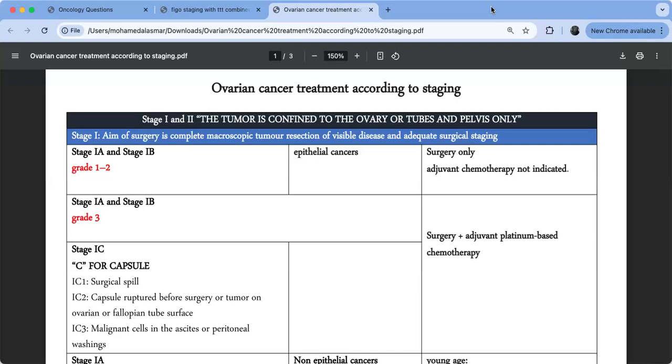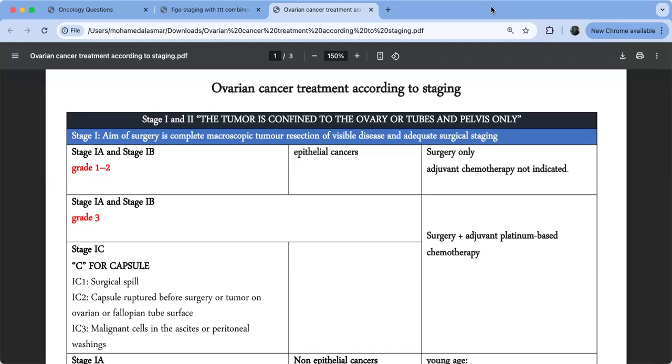Stage 2, what will you do for stage 2? Any idea? No, stage two. You will do the surgery, but you will add a treatment to the surgery, right?